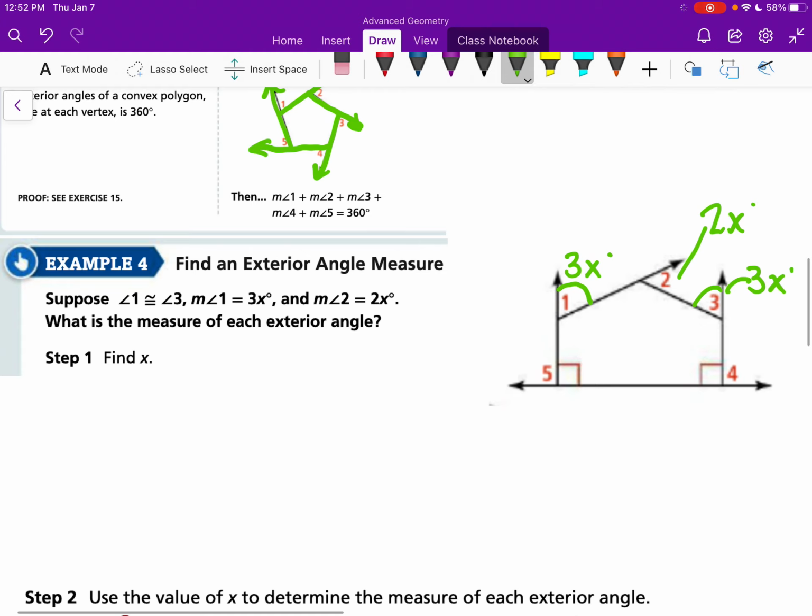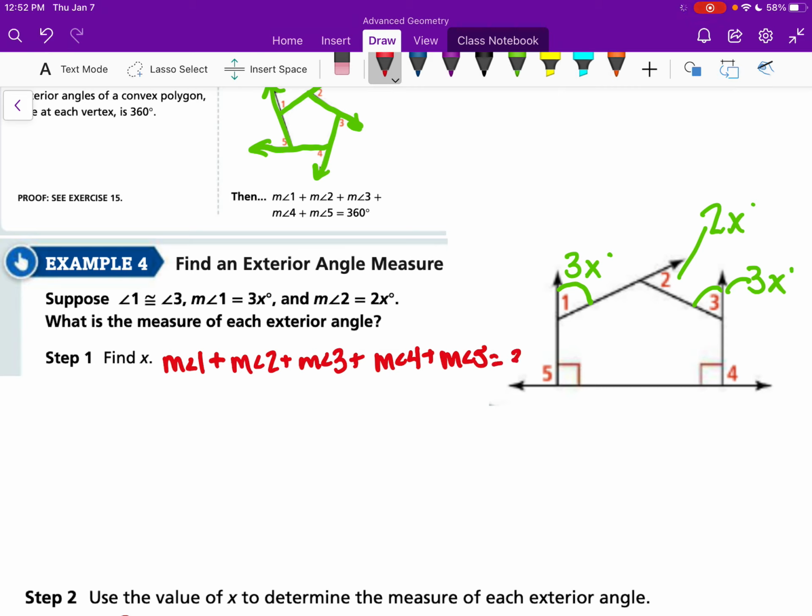If we want to find each exterior angle, we're going to have to use the fact that we know that they all add up to be 360 degrees. So in shorthand, the measure of angle 1 plus the measure of angle 2 plus 3 plus 4 plus 5 has to equal 360.